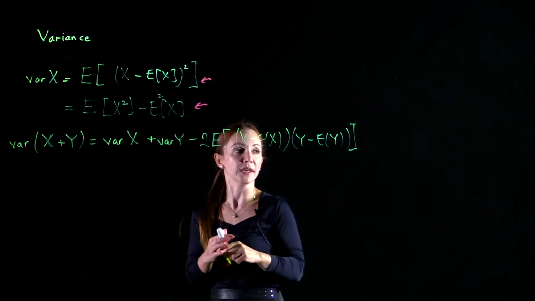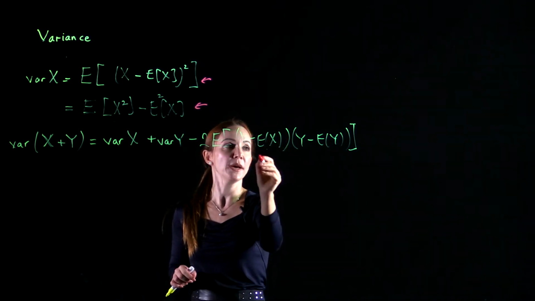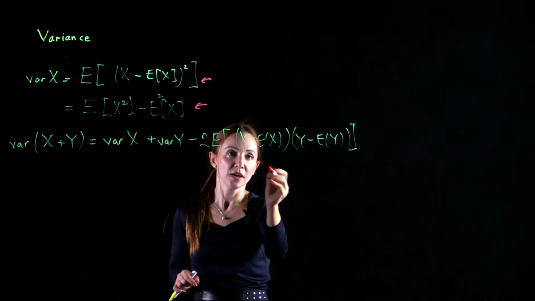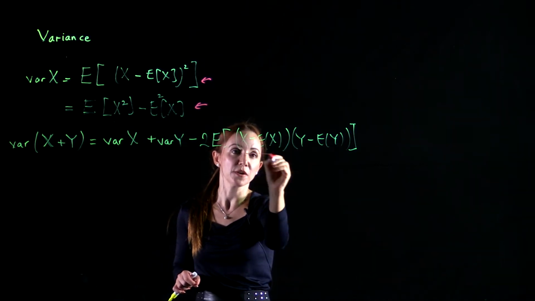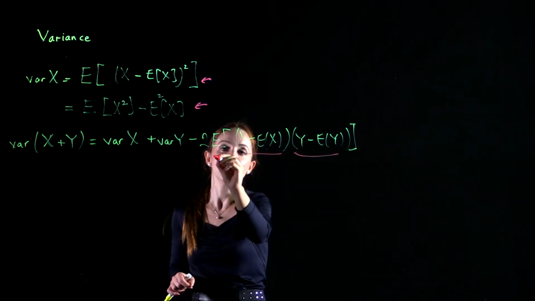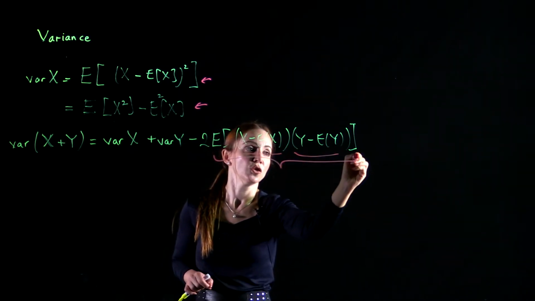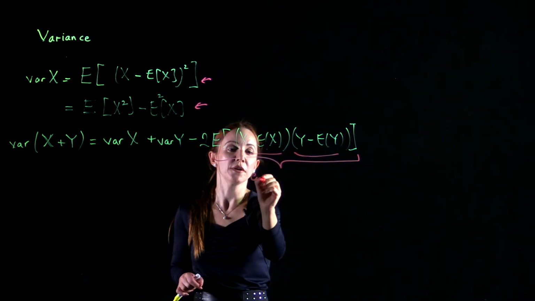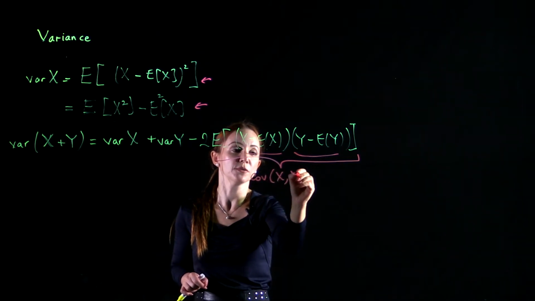Now this thing, the expected value of the product of the difference of X from its mean and the difference of Y from its mean, is also called the covariance of the random variables X and Y.